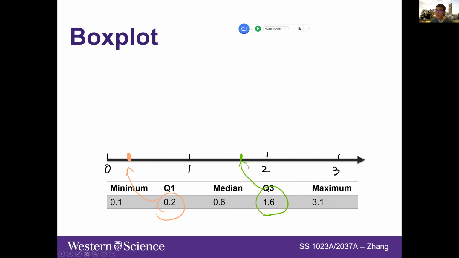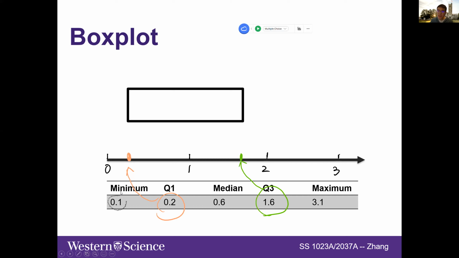Then we go ahead with our third quartile, which is 1.6, roughly somewhere over here. Based on our first and third quartile, we can determine the body of this box plot, which is given by the exact location of Q1 and the location of Q3.